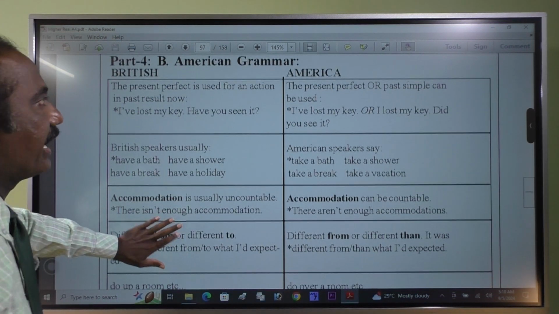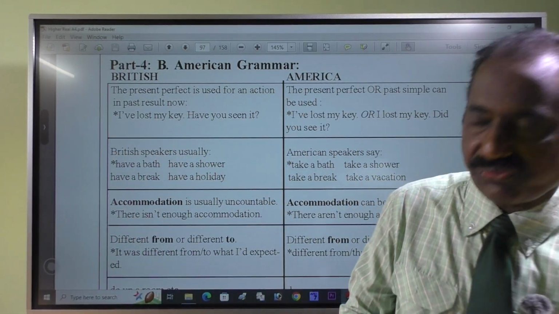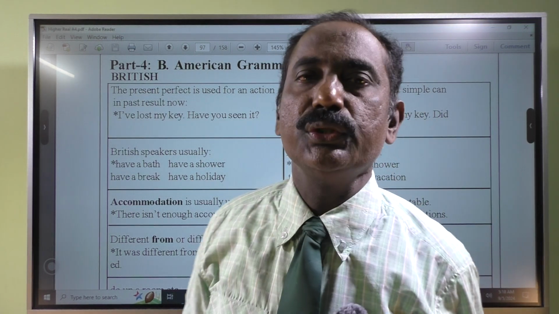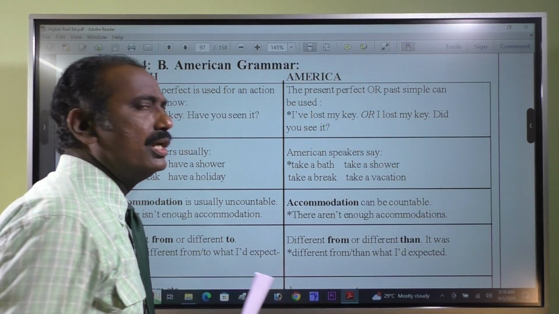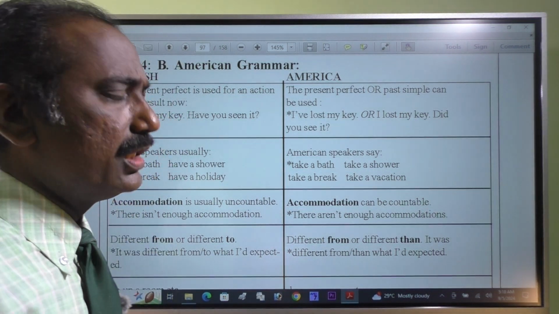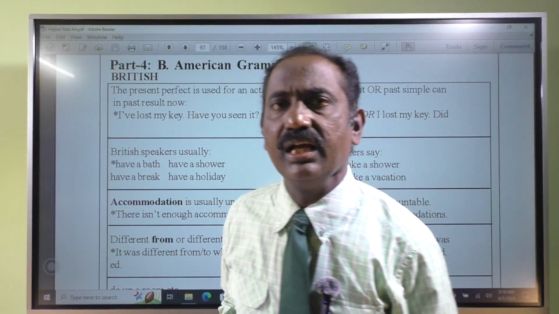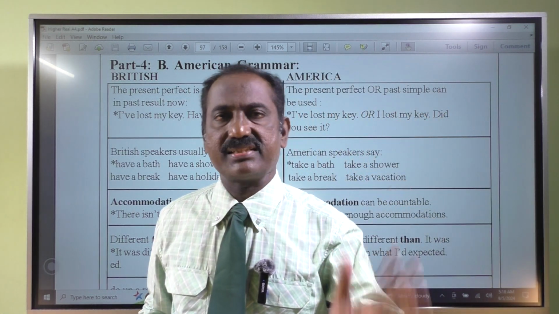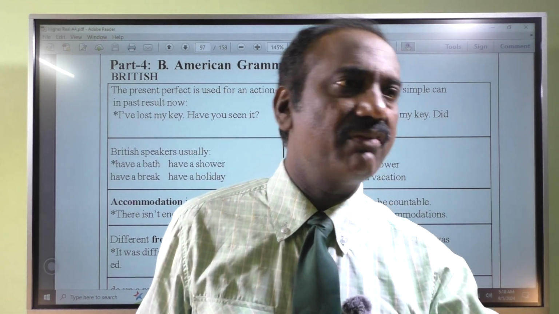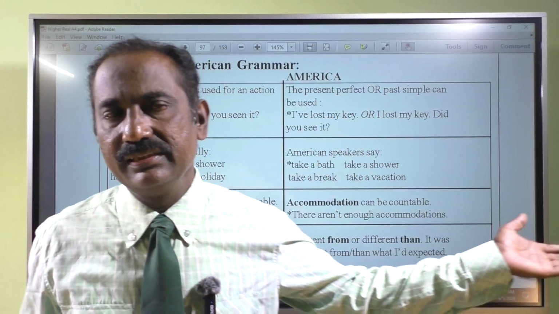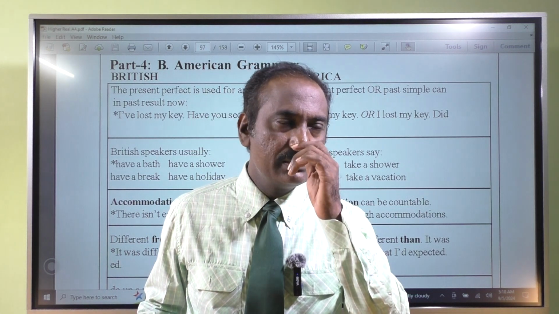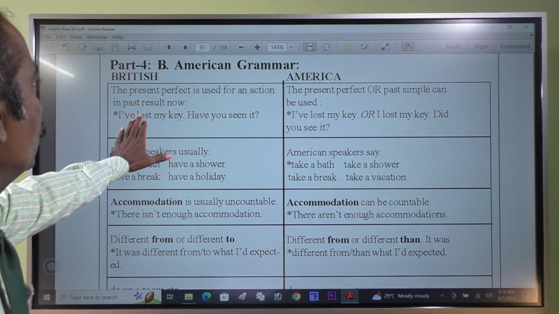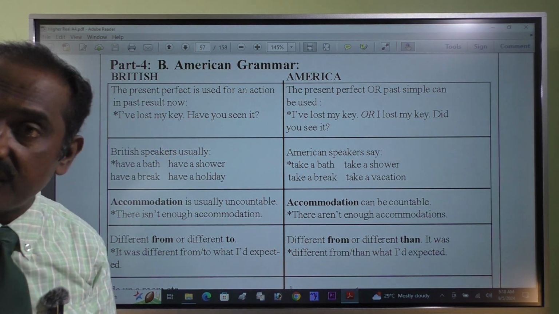Okay, let's come to some grammatical differences, very slight differences between US and UK. Usually for a completed action, if we do not mention any time, day or date, we use present perfect tense: I have completed, they have gone, it has been charged. Britishers use, I have lost my keys. Have you seen it?